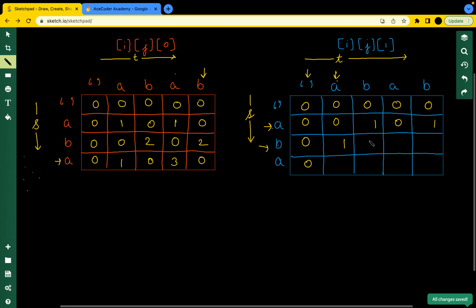And now let's check here again what is the value possible, because they both are equal, so it is not possible. So we'll simply put 0 here. And again, when we are at B and here we are standing at A, then it is definitely 1 because they both are not equal.